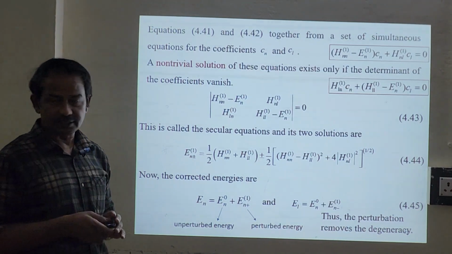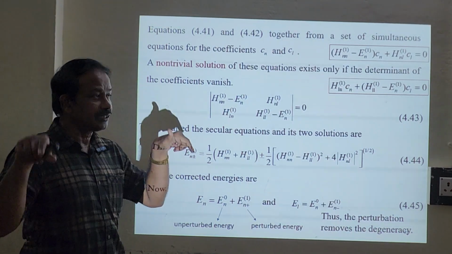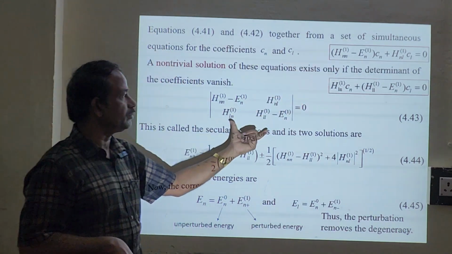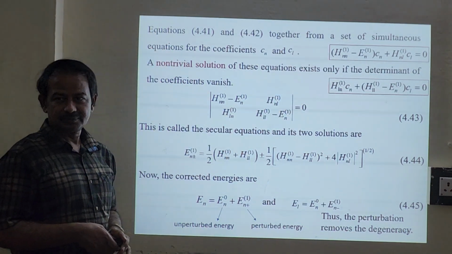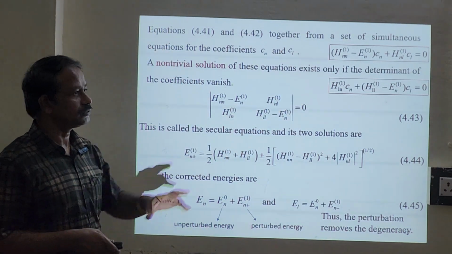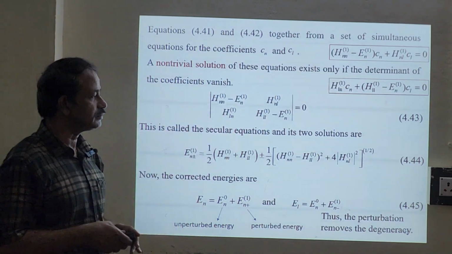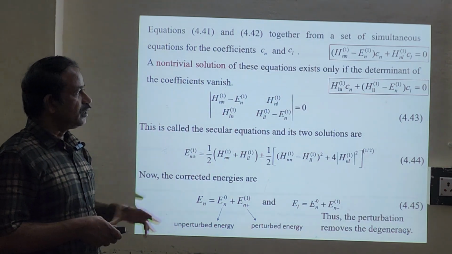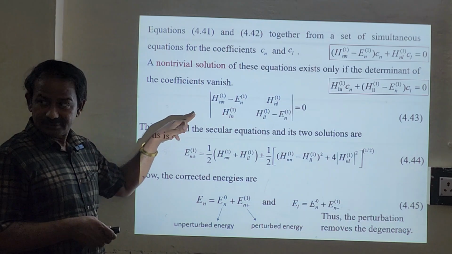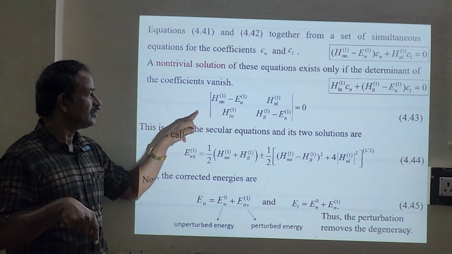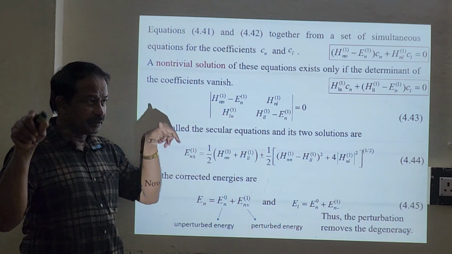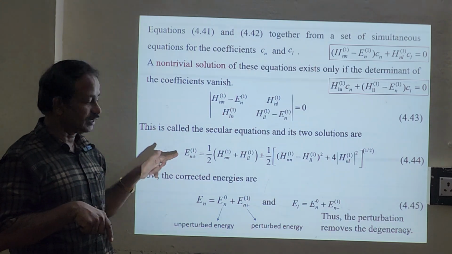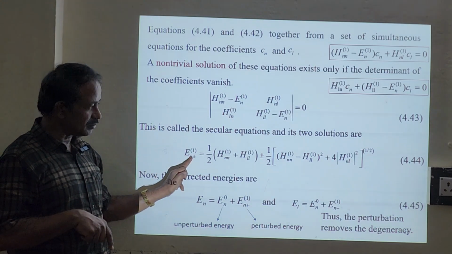We have already studied this in mathematical physics. So just take the determinant of both the equations exactly like this. Is it okay? We take the determinant and diagonalize this matrix. This is a secular equation. Diagonalize this matrix and you will get the energy eigenvalues, En plus or minus.